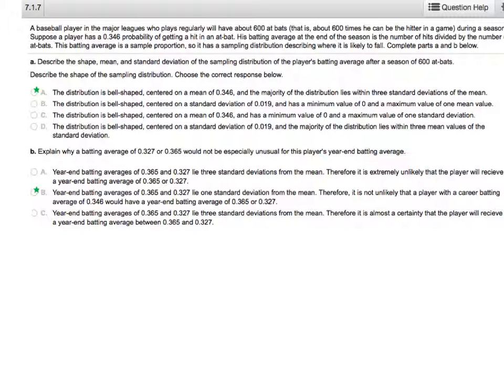And so we can imagine that over different 600 game seasons, at the end of each season, the proportion of hits that the player really got would be a sample proportion, so we think of that as a p hat. So the distribution of the sample proportion should be centered on the actual probability.